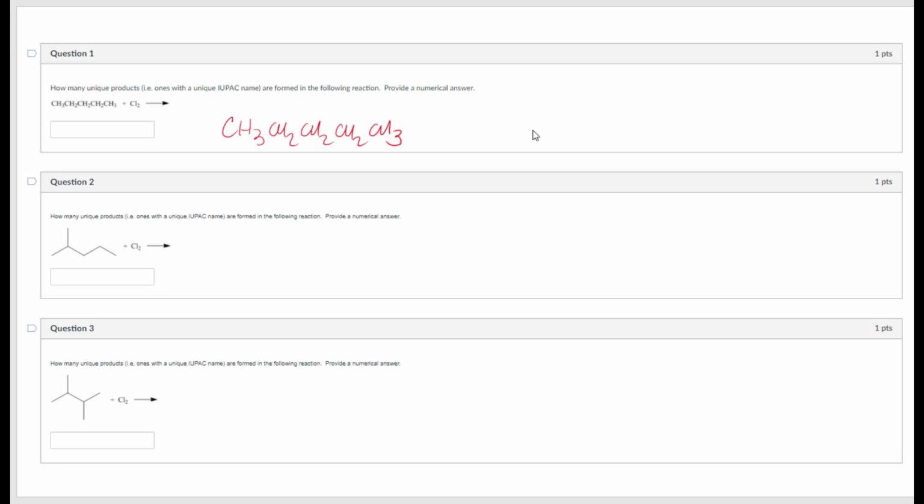So in this case, substitution at either of the CH3s would give me product A, which is going to be 1-chloropentane. Substitution at either of the two CH2s that are next to that is going to give me product B, which would turn out to be 2-chloropentane.